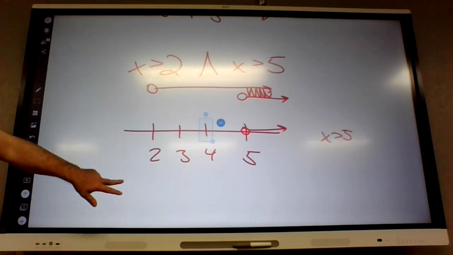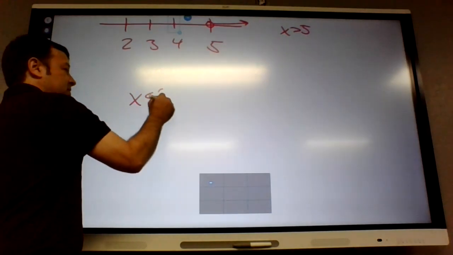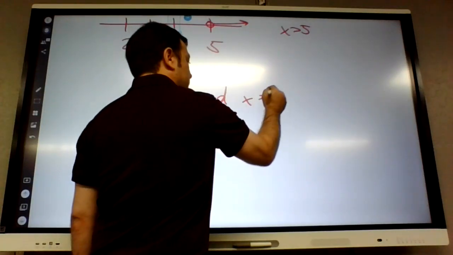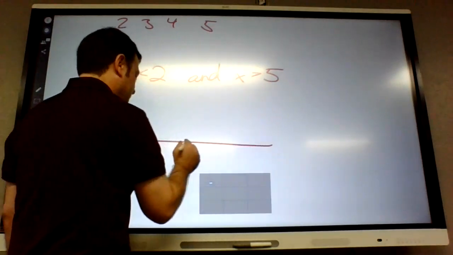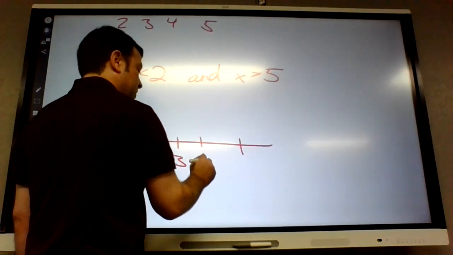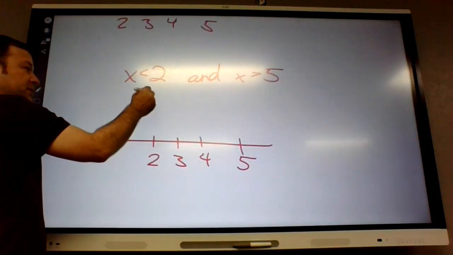Okay, and the last one, this is kind of the weird case, is x is less than 2 and x is greater than 5. What numbers? You guys maybe figure it out before I tell you. What number is less than 2 and greater than 5? What's less than 2 look like?